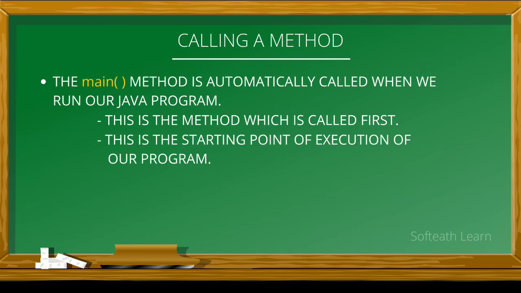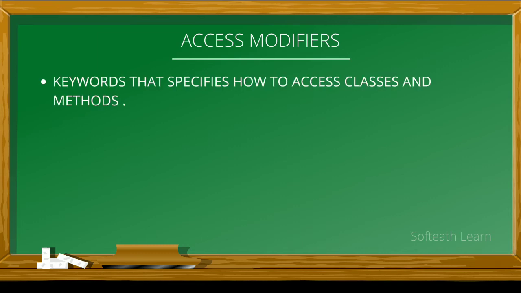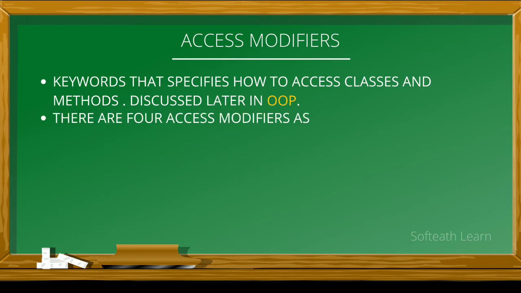Now let's see what an access modifier is. Access modifiers are keywords that specify how to access classes and methods, and we will briefly discuss them later on in OOPS, or object oriented programming. So we have 4 access modifiers that are public, private, protected and default.